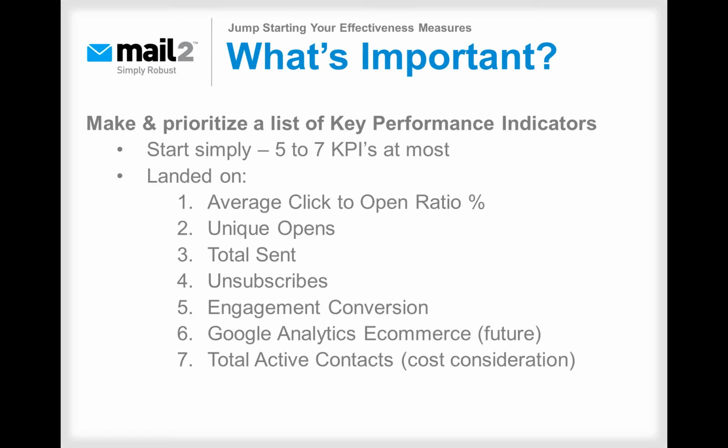Part and parcel to that were unsubscribes and spam complaints. Anybody that marks a campaign as spam is globally unsubscribed, so we wanted to look at global unsubscribes, both from the action the recipient was taking and from a spam complaint.